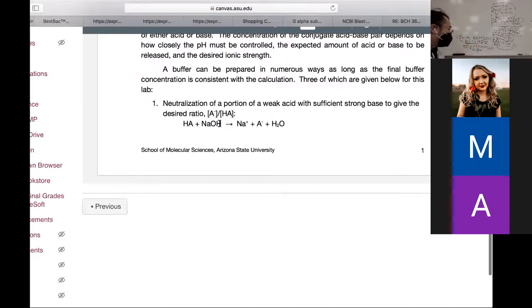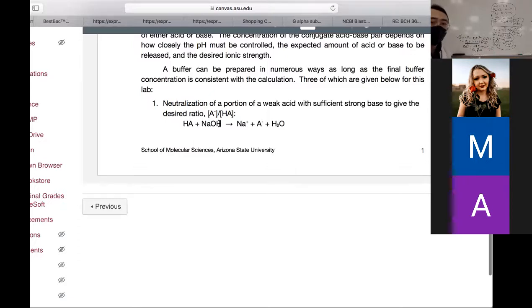Okay, so why do we need these numbers? That is very important because we are actually calculating the final concentration of both weak acid and weak base in the equilibrium state.